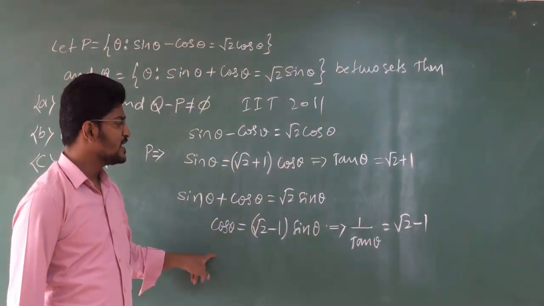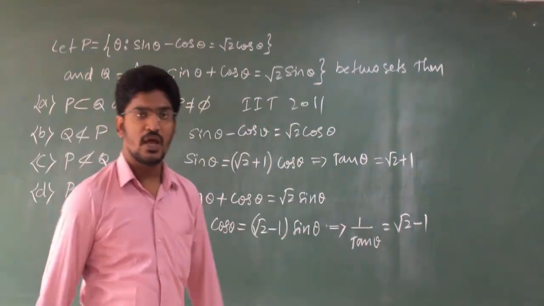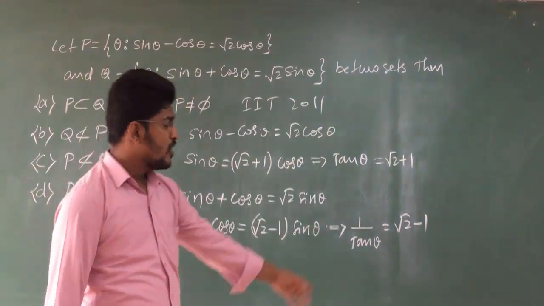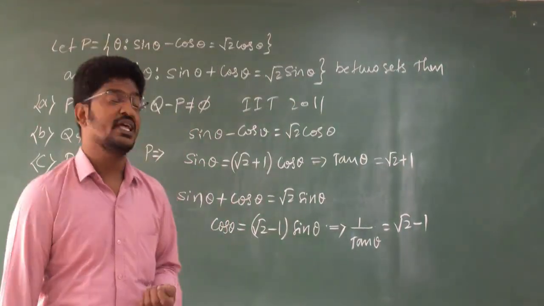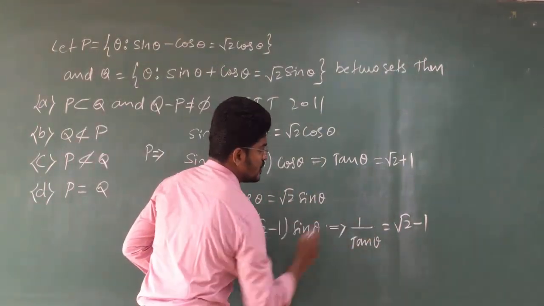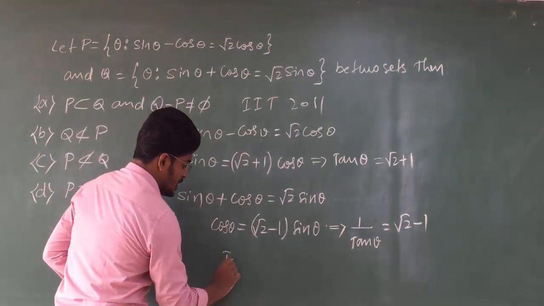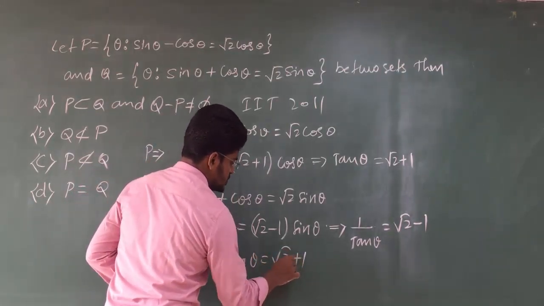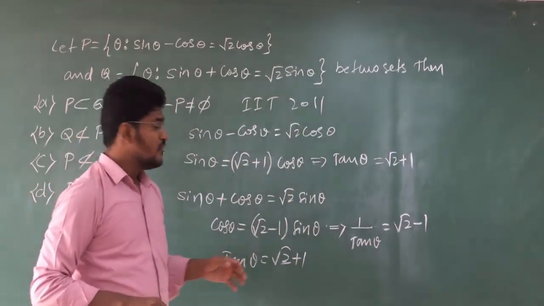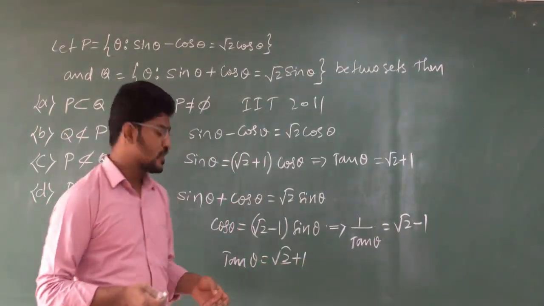Therefore 1 by tan theta will be equal to root 2 minus 1, and tan theta will be equal to again root 2 plus 1. Clear? If you know the information, no problem, you can write directly.